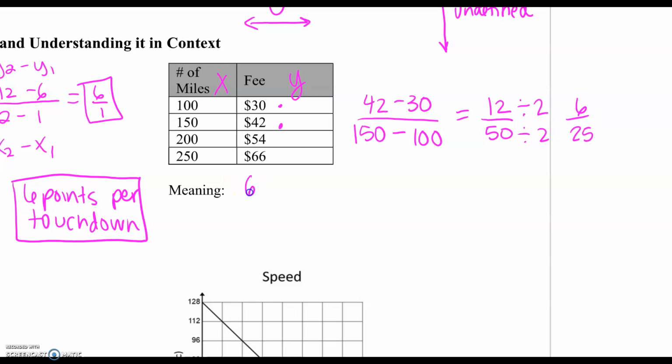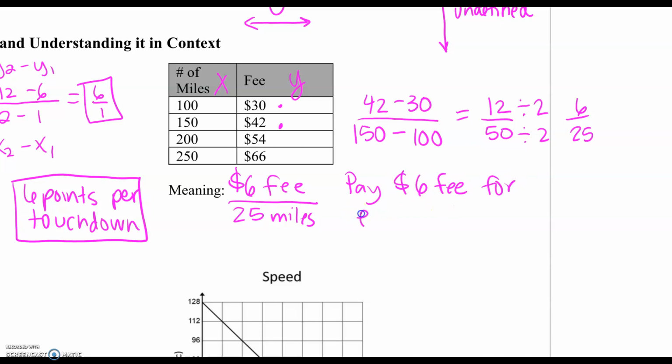So let's do it. 6 dollars. We notice they all had dollars over X number of miles, so over 25 miles. So how do I write this as a sentence? What do we say with a $6 fee? We say we pay $6 fee when?